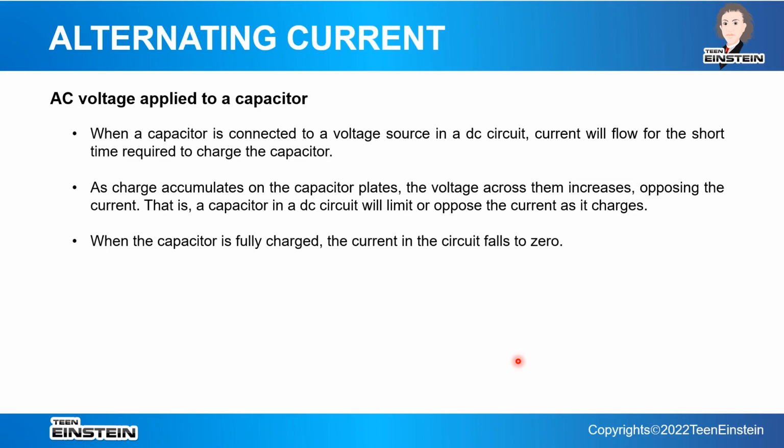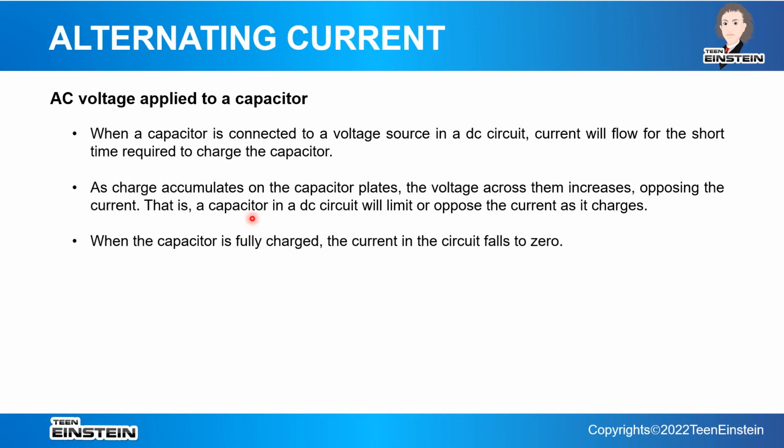What happens when you have a capacitor connected to a voltage source in a DC circuit? Remember, a DC circuit has DC voltage, which is a constant voltage. When you switch on the voltage, it goes from 0 to a constant value, and that's it. It won't change after that. Current will flow for a short time required to charge the capacitor. Once the capacitor is charged, it cannot hold any more charge, so the current stops.